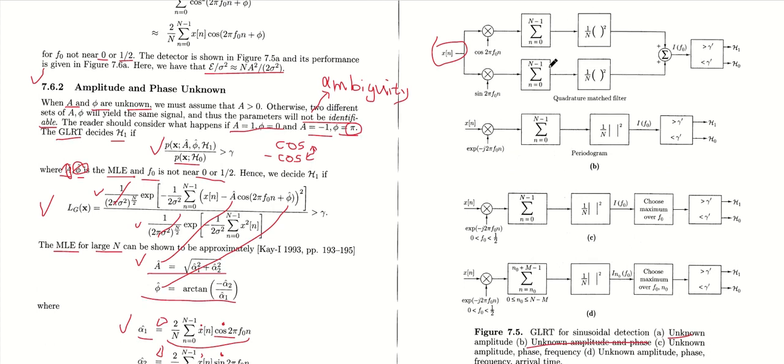This figure is to implement the conjecture stuff. And that conjecture stuff is composed of x and cosine, x and sine, right? And sum together and take the square and do a summation, and you get the periodogram, right?